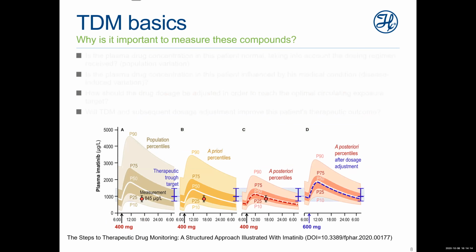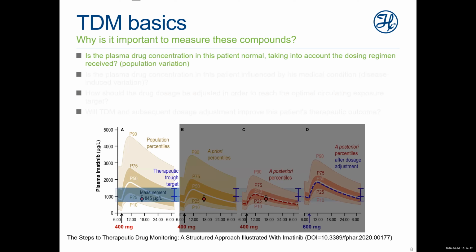Just to give you an example of the TDM, I will not go into detail about the drugs referred to in this work, but just to give you the idea of the four main questions which TDM answers. So why is it important to measure these compounds?